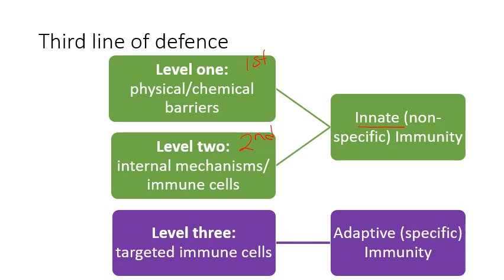So if your first and second lines of defense fail, or they're not able to get a hold and overpower the pathogen that has infected you, that's when your third line of defense comes into play. Your third line of defense is referred to as your adaptive or your specific immune response.